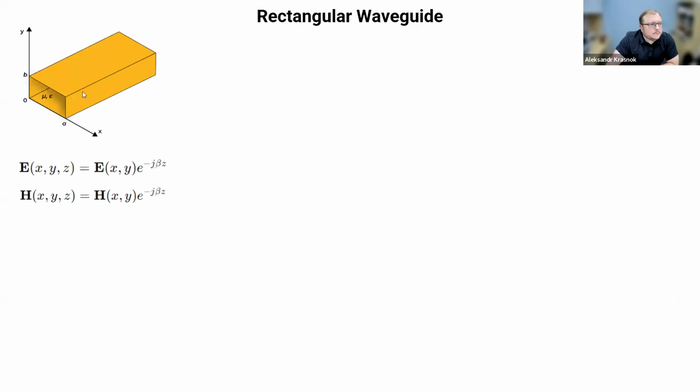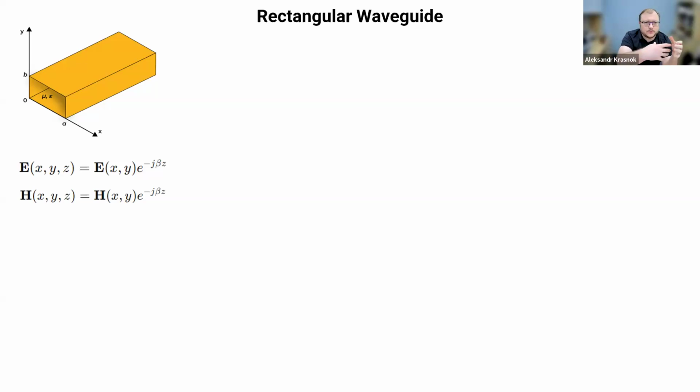Yeah, so rectangular waveguides. Rectangular waveguides look like this, right? It's a rectangular system consisting of metallic walls. It is restricted in X and Y, and then in Z, it is an extended system.